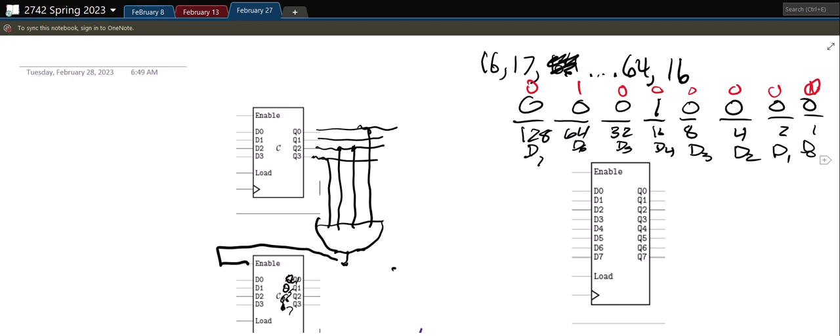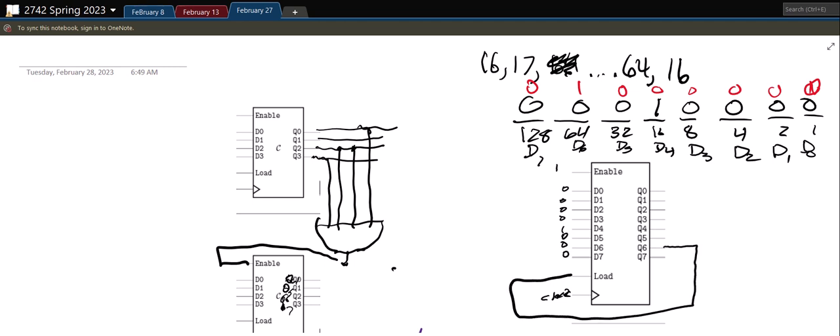So if we had the 8-bit counter, we would enable 1, and we would load a 1 into D4 and zeros everywhere else. And here's the clock. And we'd be looking for when Q6 was 1 because that detects 64, and then that would say to load again. So we'll have that.